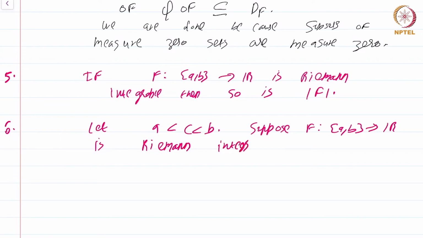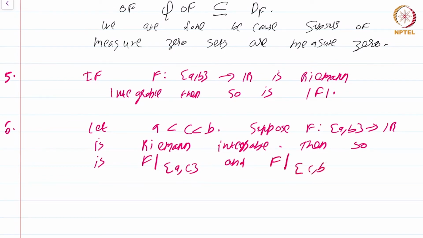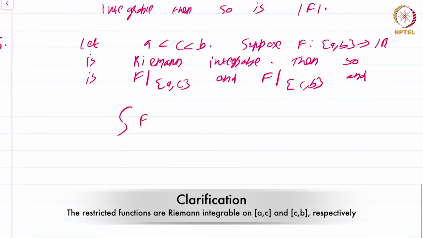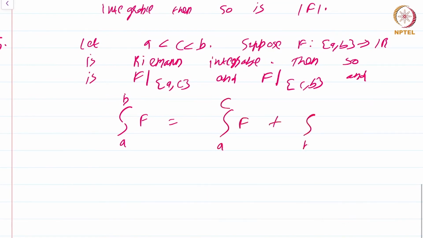Then so is f restricted to [a,c] and f restricted to [c,b], and the integral of f from a to b is just the integral from a to c of f plus the integral from c to b of f.